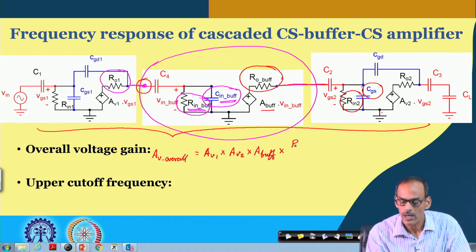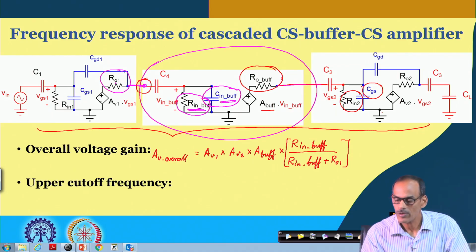That is R in buffer divided by R in buffer plus R O 1. So, this is one factor, and the second factor comes from this node, and this factor is R in 2 divided by R in 2 plus R O buffer.